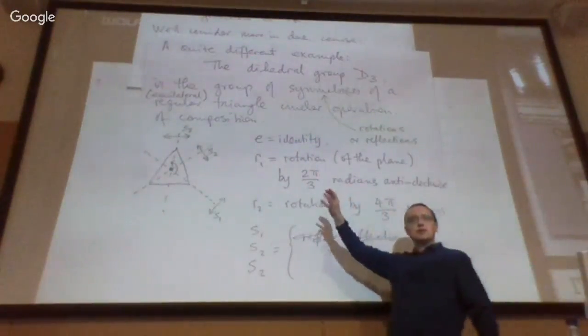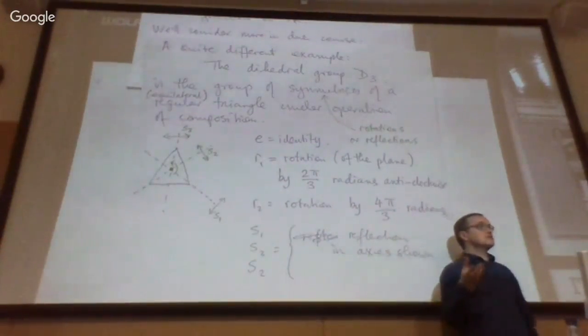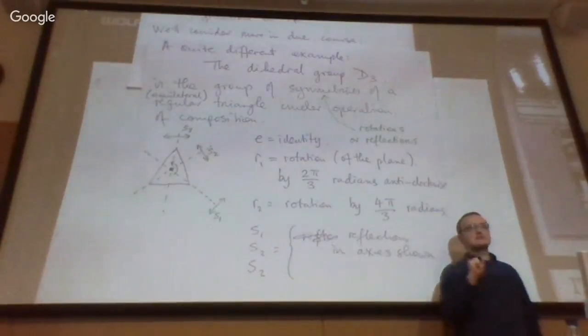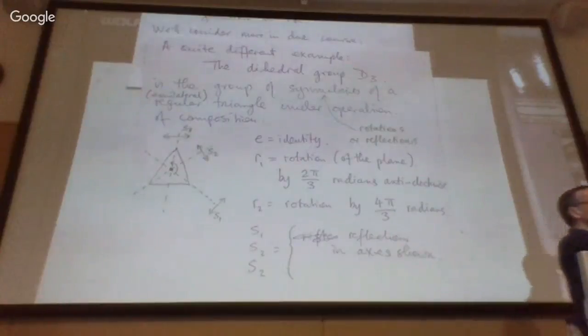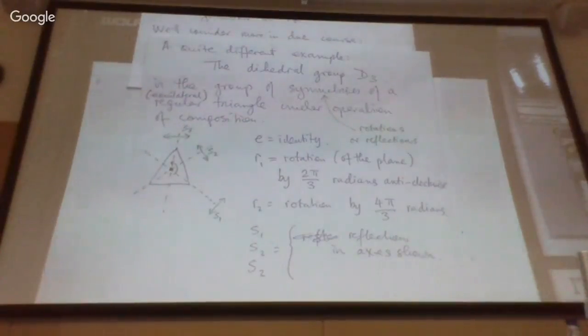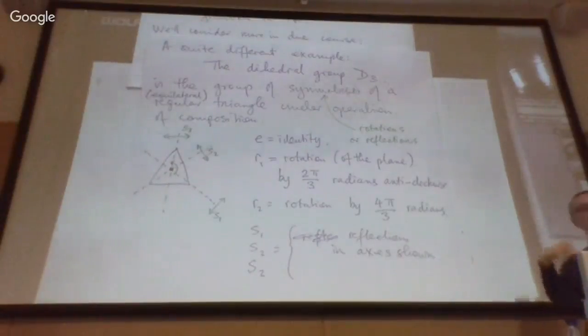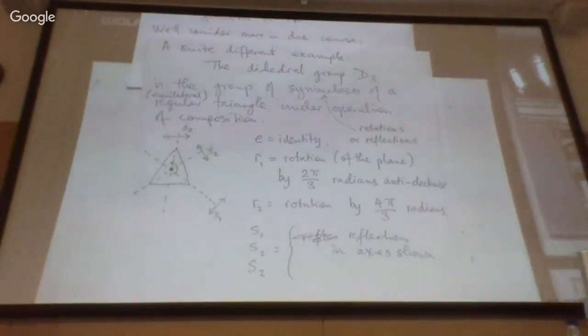You can rotate by 0 radians, don't rotate at all, or you can rotate by 2 pi radians. Give it a full turn, or give it 29 full turns, whatever you want. Such a rotation leaves every point in the plane unchanged, sends every point to itself.